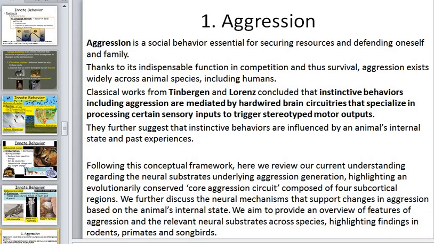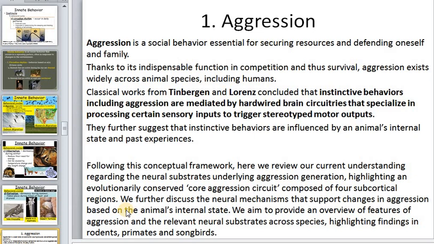So the next question: aggression. We discussed all these forms of instincts in more detail. Aggression is a social behavior essential for securing territory and family, and thanks to this function, for competition and thus survival.